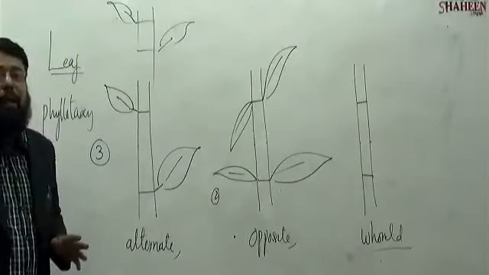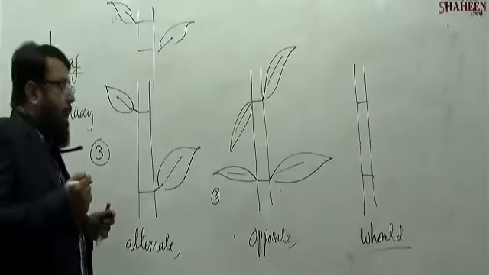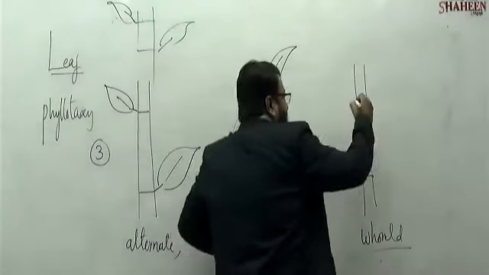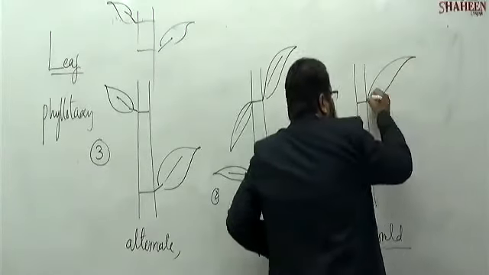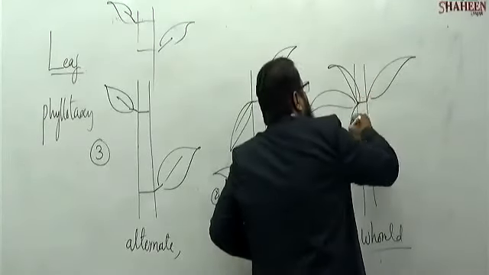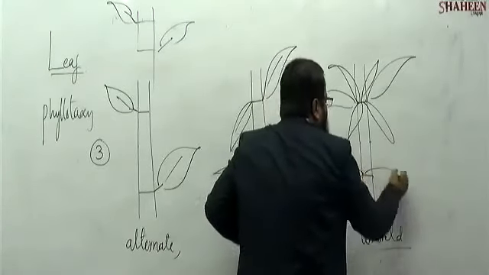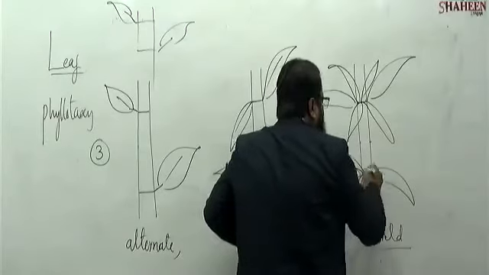The last one is Alstonia. Alstonia will have not one leaf, not two, not three, not four, not five. Many leaves are emerging from one node.